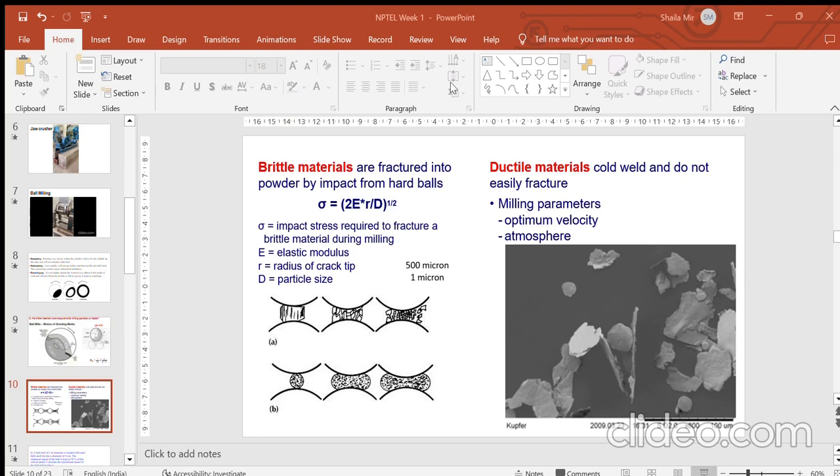In this numerical, you need to charge the ball mill with balls, and these balls can be steel balls or tungsten carbide balls, based on the material that you are milling. If you are milling a very hard material, then you need harder balls. But if you are milling softer materials, it can be milled with the help of steel balls only.